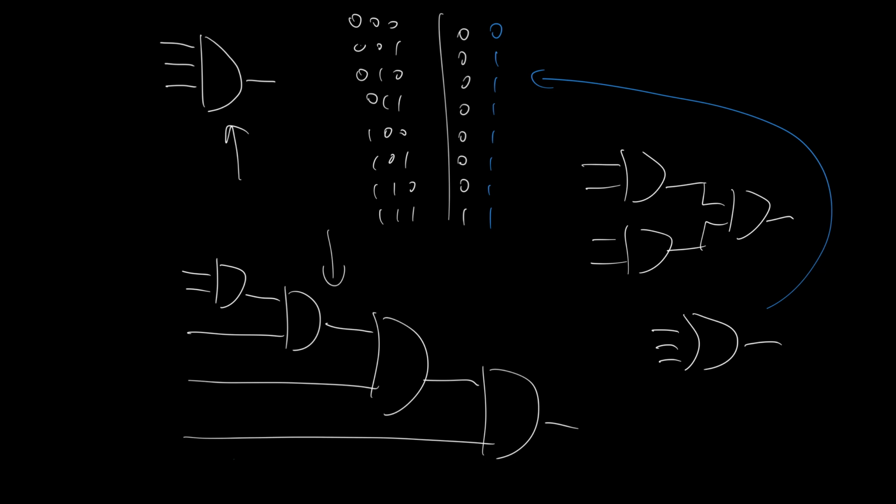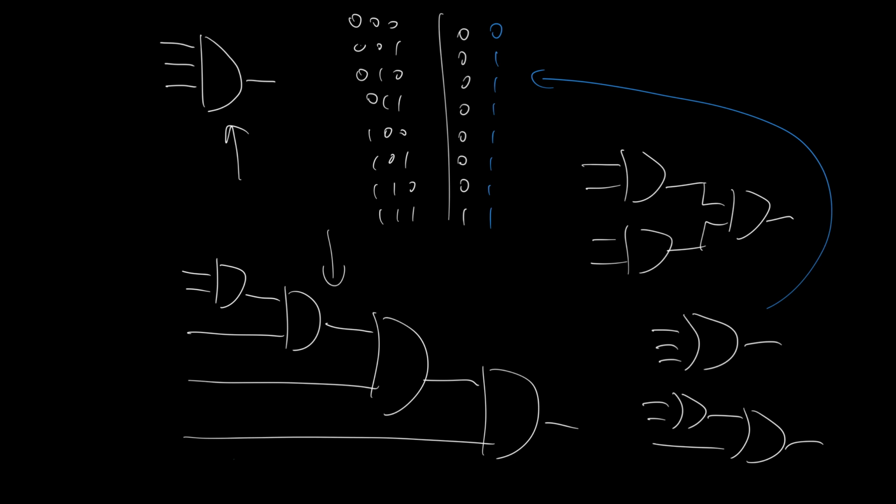And I can implement it using 2-input OR gates by using the same cascading form. If I have an OR gate here going into an OR gate here, then we can see quite easily that the only way that the output here is going to be a 0 is if both these inputs are 0, and the only way this can be a 0 is if both of these are 0.